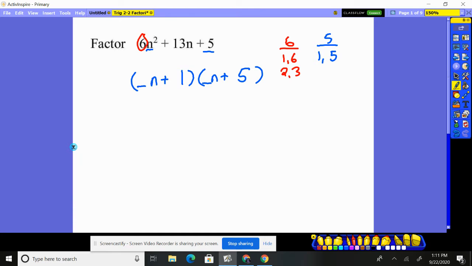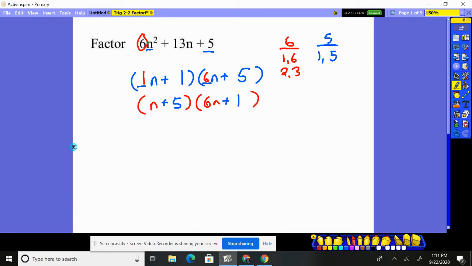So when we do this, we're going to realize that it could be, I'm going to write it though I hate, 1n and 6n. Now, the problem is you could have this 1n and 6n, and instead of the 1 being with the n and the 5 being with the 6n, the 5 could be here and the 1 here. We always have to flip it. We have to flip that second number because that's a whole different two binomials.